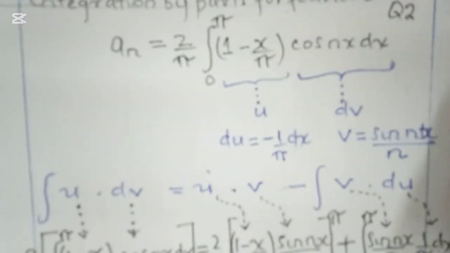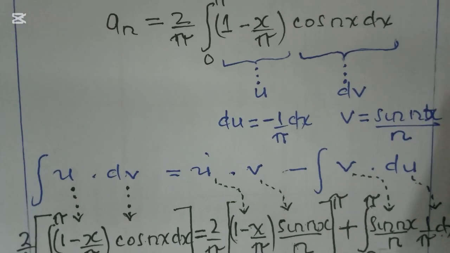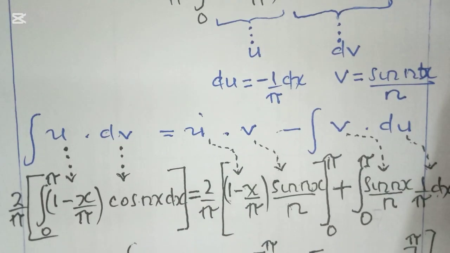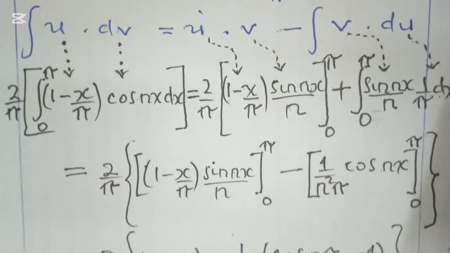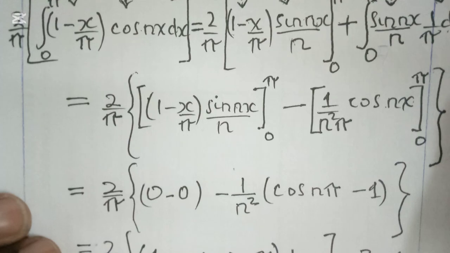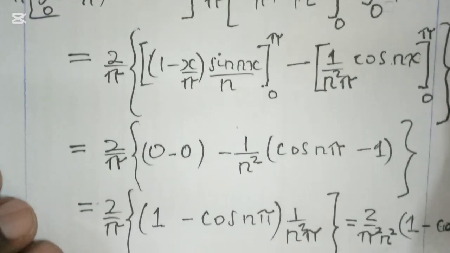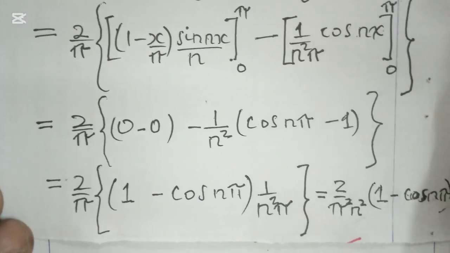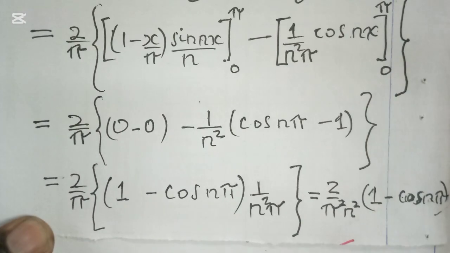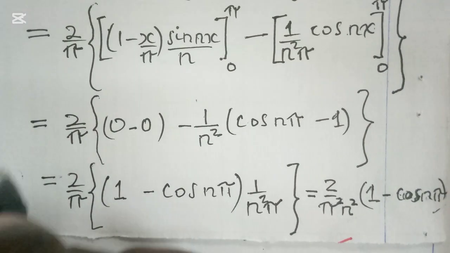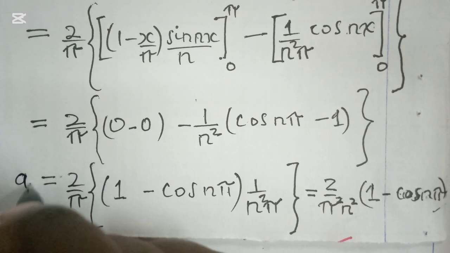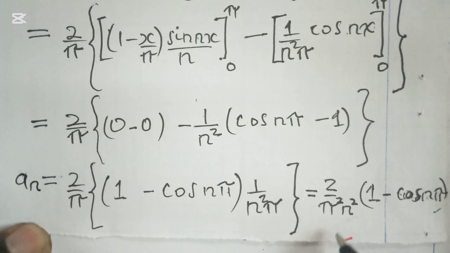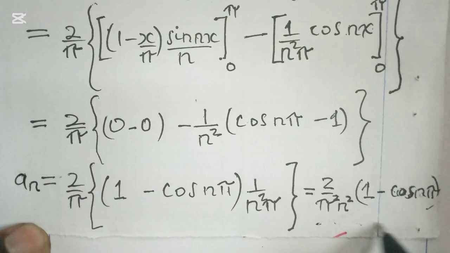This is how we did it, until we came to this point whereby we found our AN is supposed to be this. This is our AN now.